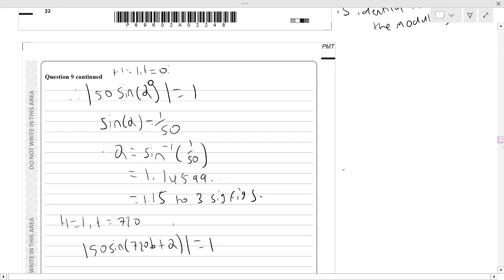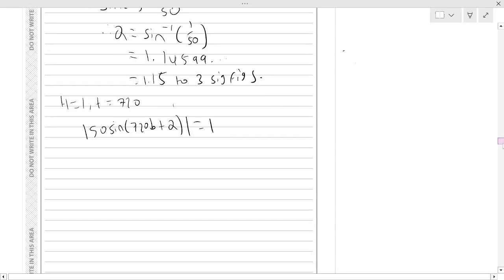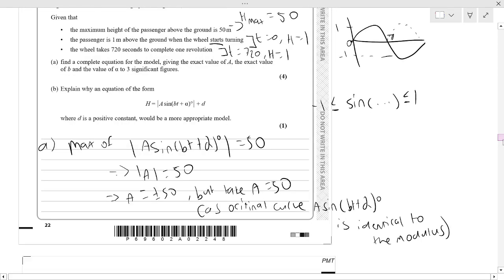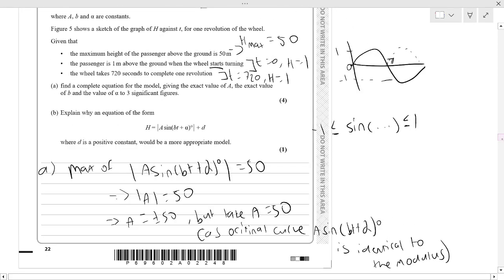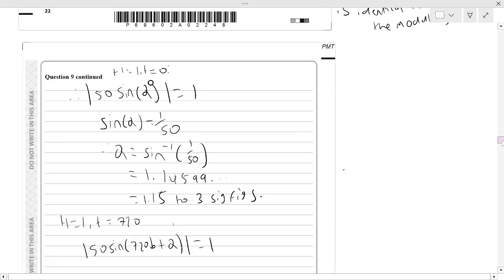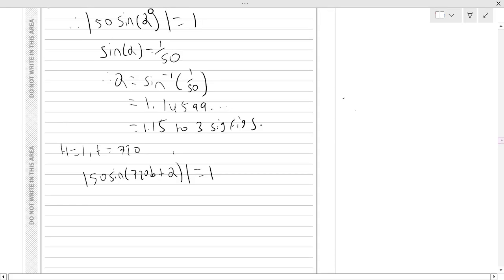Now you could solve for b. The problem is it needs an exact value of b, and because alpha is this really awkward number, if I plug alpha in I'd probably get a weird number. I think you could solve it like this, but I don't think it'd be very nice.